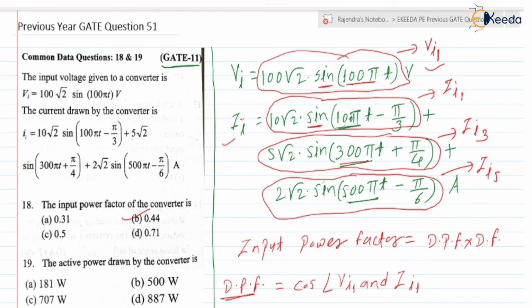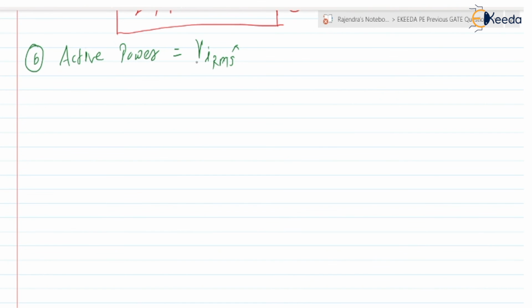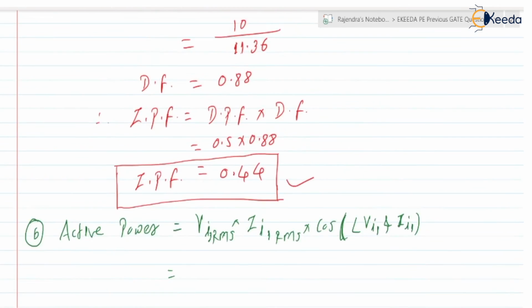No. So here active power is nothing but VI1 RMS into I1 RMS into cosine of the angle between VI1 and I1.